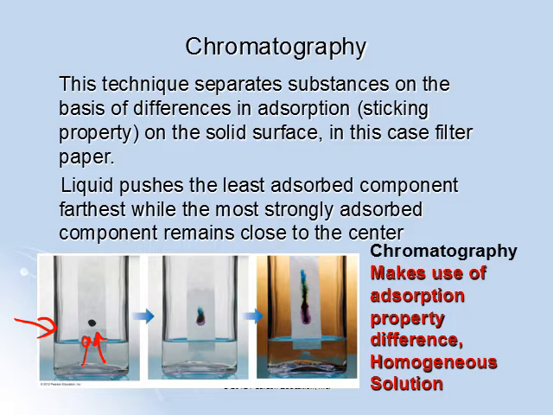The one which has the strongest sticking or adsorption property would remain close to the original location of the ink drop. So in other words, separation is achieved based on differences in adsorption properties.